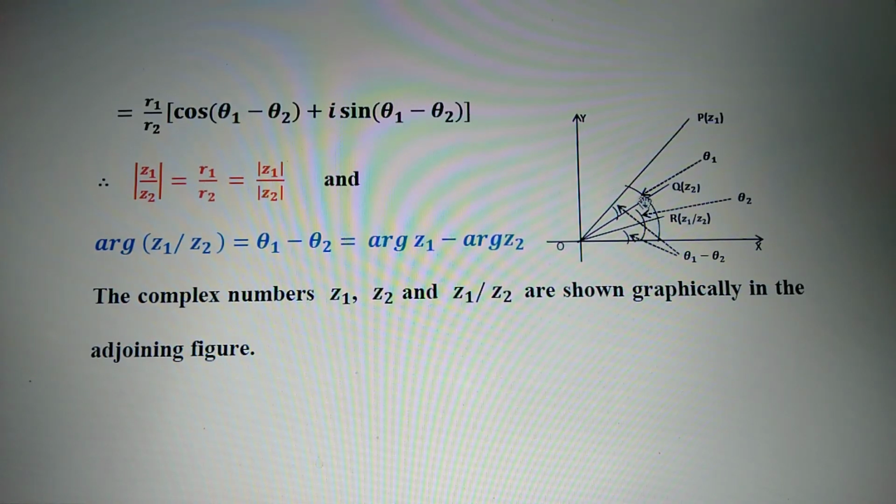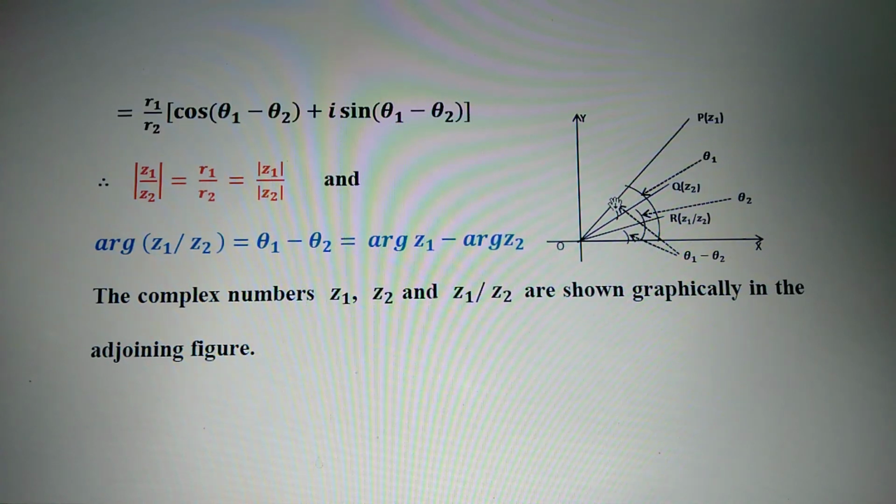This is written here as theta 1. Then this point Q represents the complex number Z2, meaning this distance OQ is R2, and this OQ makes an angle theta 2.